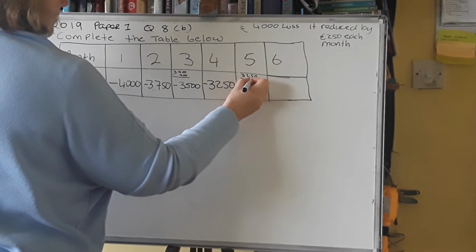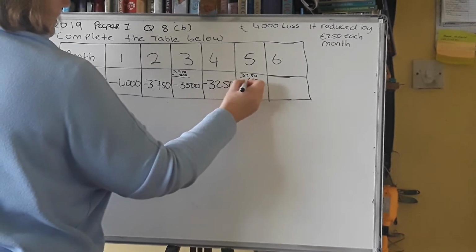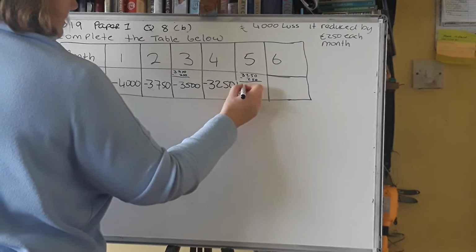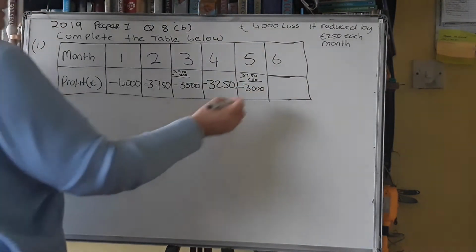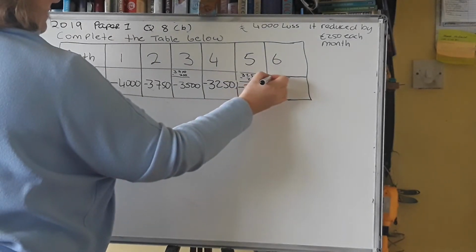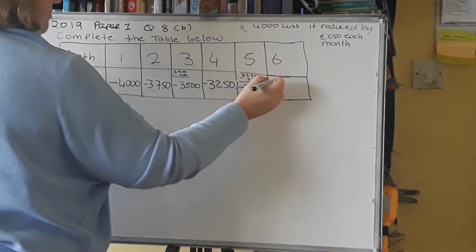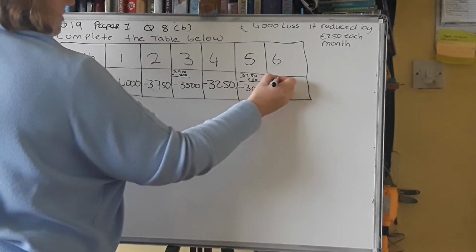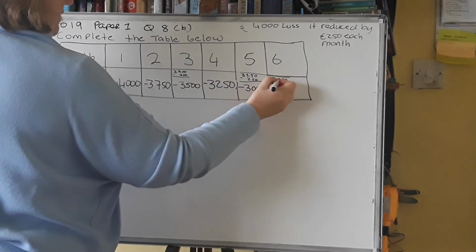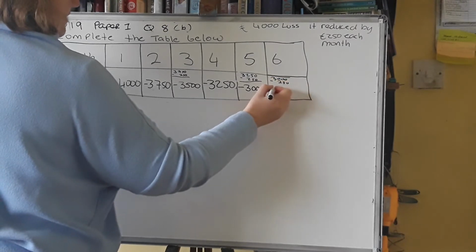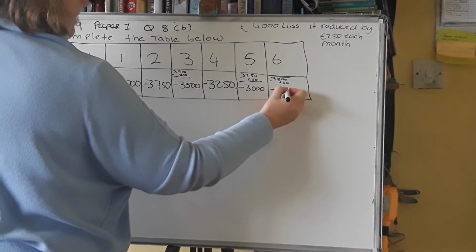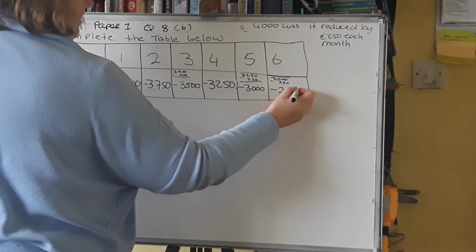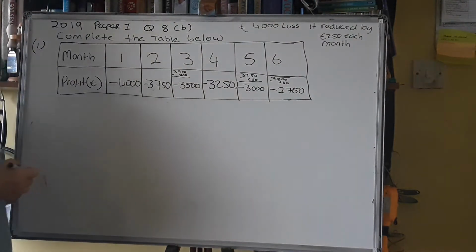Reduce it by the 250, and you will get minus 3,000. The next month, the amount is 3,000. You're reducing it by 250, so your loss for that month is minus 2,750. Okay, and that's all you have to do for part 1.